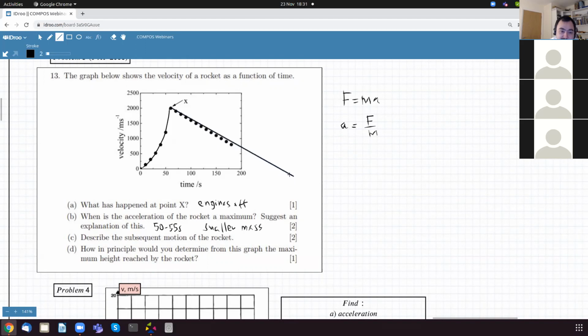Well, it is in free fall, but actually it's moving up. The rocket is in free fall, but it's still going upwards. So it is going upwards, and decelerating.